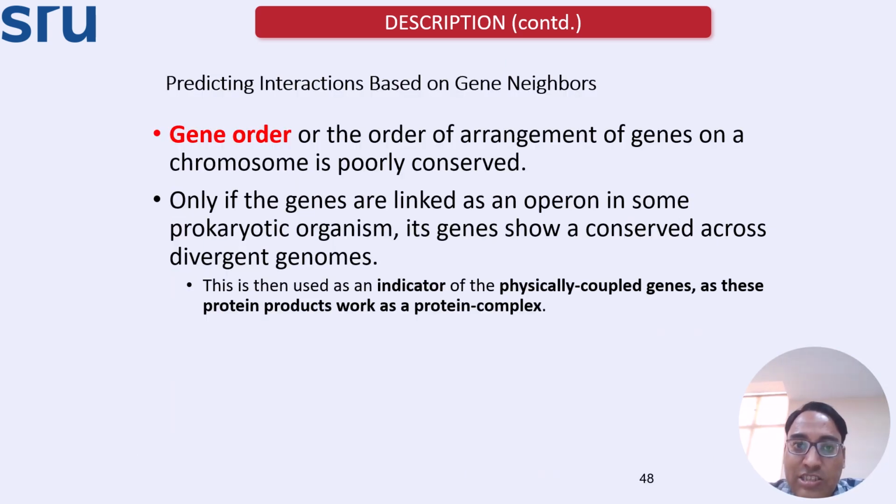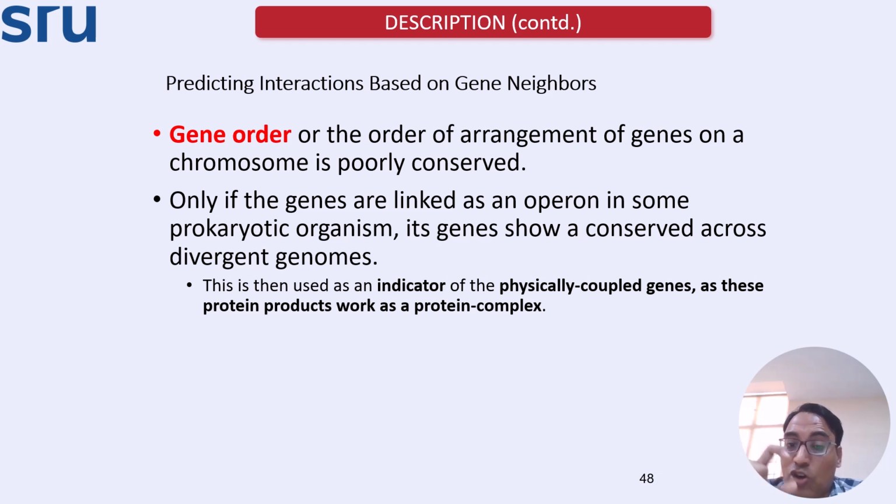So this discussion brings us to another concept, which is termed gene order. That is the order of arrangement of genes on a chromosome, which is normally poorly conserved. Okay, but still, if you find that some genes are linked in an operon, those operons normally exist in prokaryotic organisms, and the genes are conserved across divergent genomes.